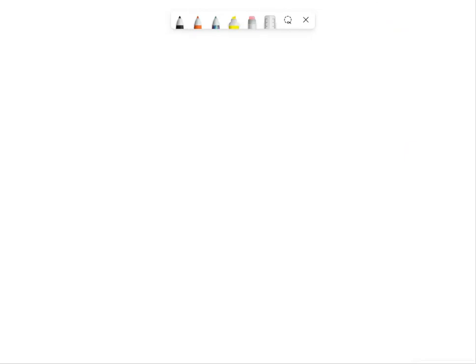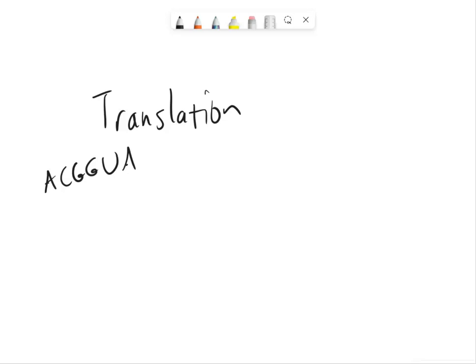We call it translation. And that's because that's the process of taking a sequence that looks like this, of RNA, A, C, G, G, U, A, and turning it into an amino acid sequence, like tyrosine, threonine, serine. I do love serine.